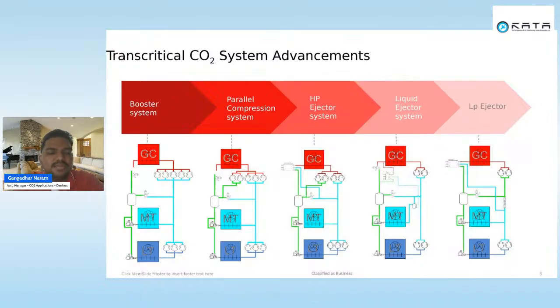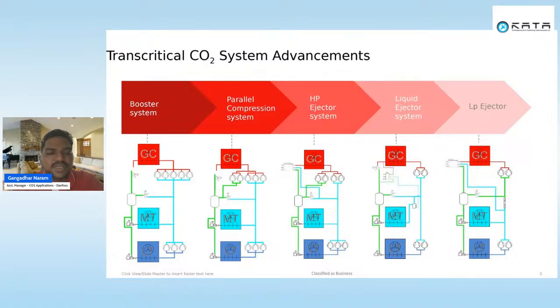So my medium temperature evaporators are operating at -10 degrees centigrade, and my low temperature evaporators are operating at -40 or -45 degrees centigrade. The -45 degrees centigrade gas is taken care of by booster compressors. The booster compressor will discharge, and it is going to my MT evaporator outlet. These two will mix and go to my MT compressor suction.